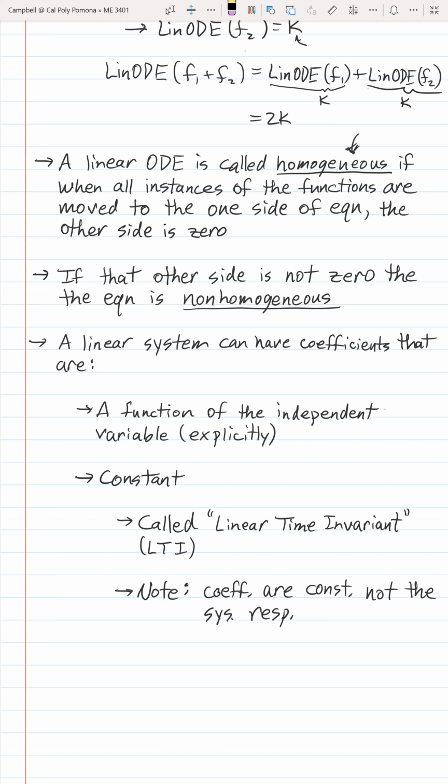However, if there is a hole in the bottom of that wagon and we have sand that is draining or falling from that wagon, that means that the wagon's mass is changing in time. And so at that point, the coefficients in the differential equation wouldn't be constant.